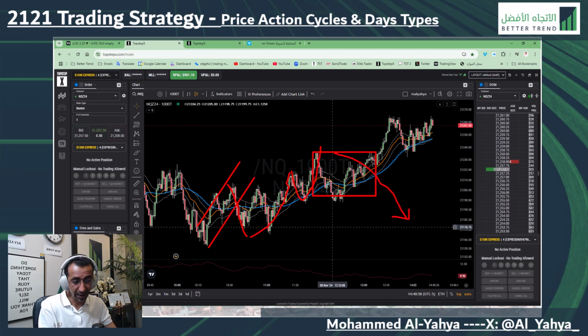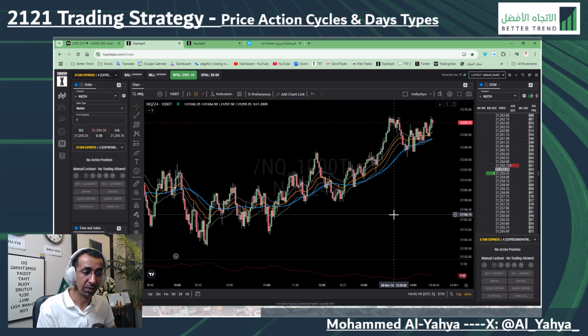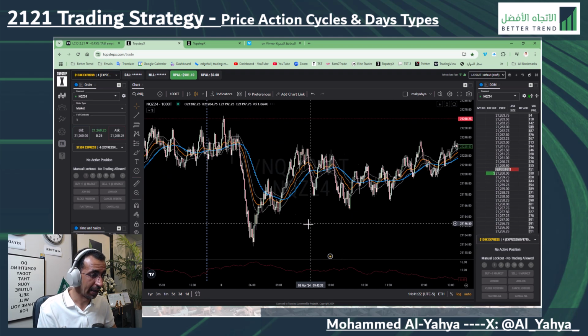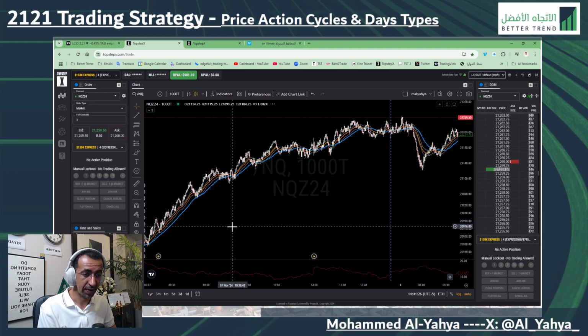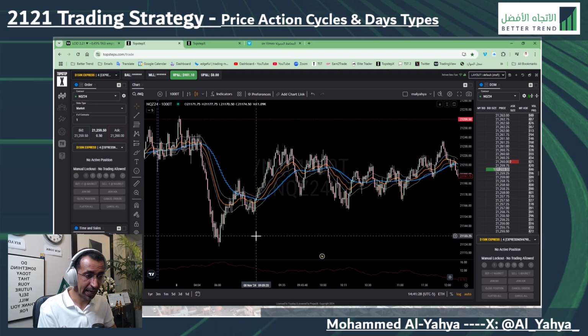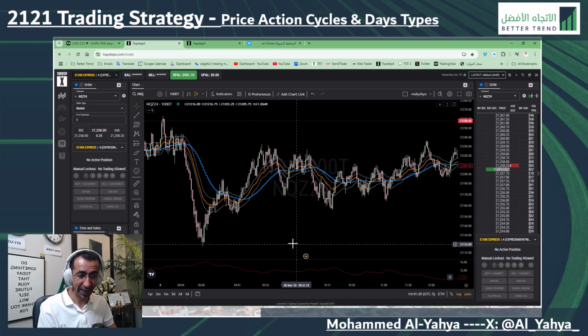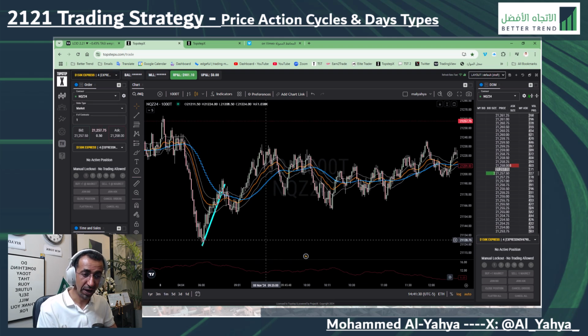This one is not doing that right now. Let me find another example that we can see this. Channel, break, leg 1, leg 2, trading range, reversal.